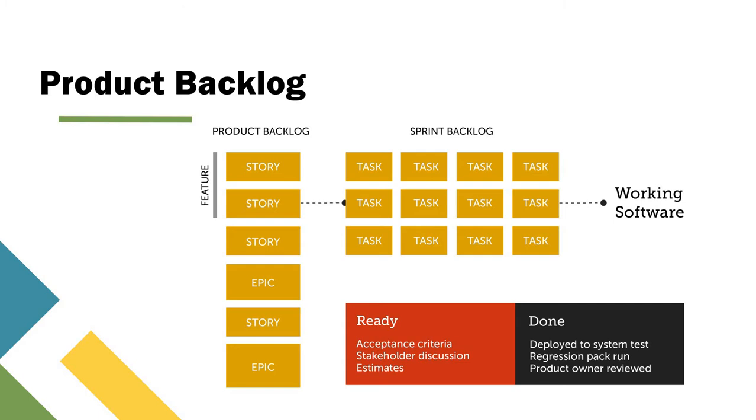As the product is built, the product backlog becomes larger based on the requirements, market conditions, or technology. Product backlog refinement means adding details, estimates, and priority order to the product backlog items.